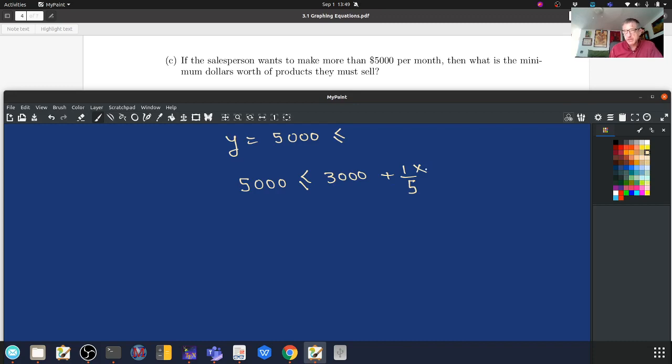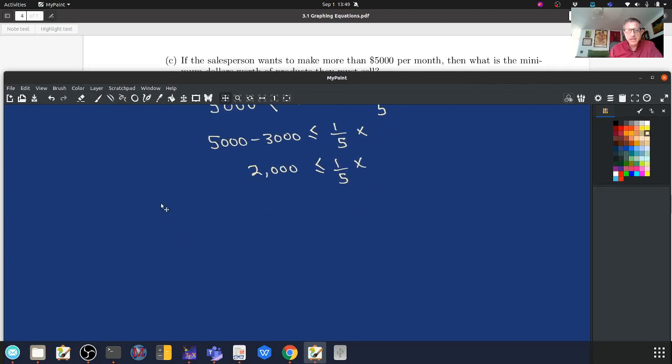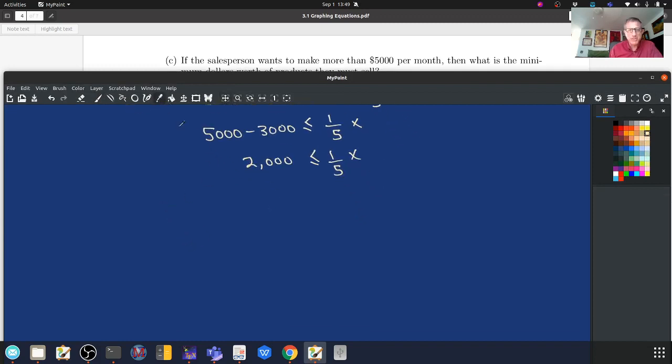So let's go ahead and solve for x. 5,000 minus 3,000 is less than or equal to 1/5 times x. So 5,000 minus 3,000 is 2,000. That's less than or equal to 1/5 x. So what do we do to solve for x? We clear the denominator at the very last step if we want to. We multiply both sides by 5.